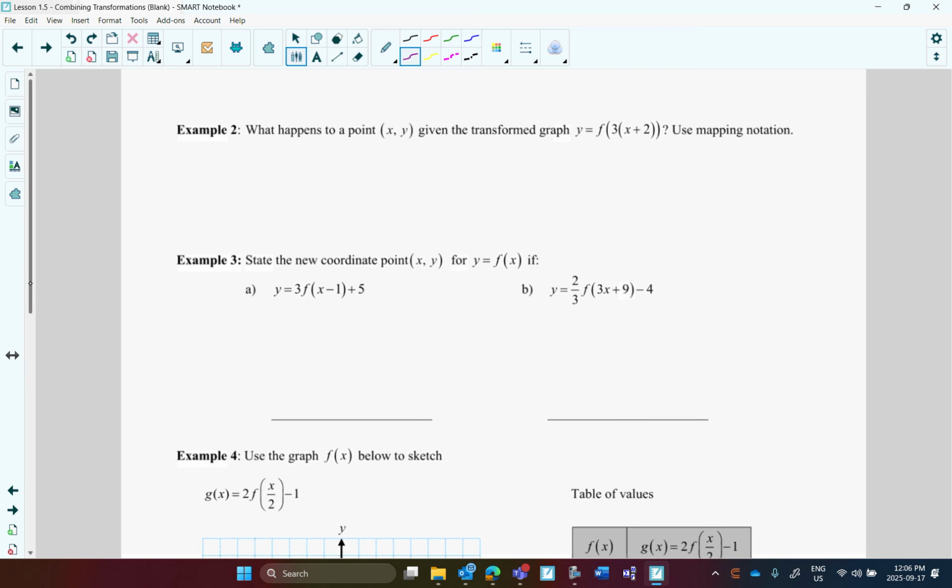So I need to come up with a formula. Well, what's the 3 doing? I got to look at all the numbers. Horizontal stretch by a factor of a third, right? Does that affect the X or Y? X, horizontal affects X. So I need a 1/3 times the X, and I've dealt with that.